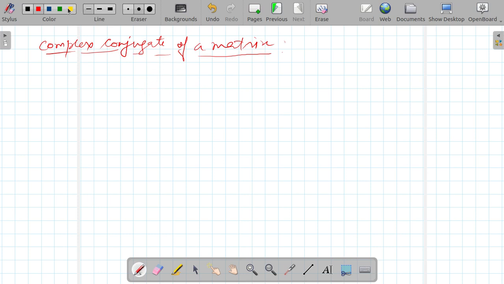So consider a matrix whose elements are complex numbers.